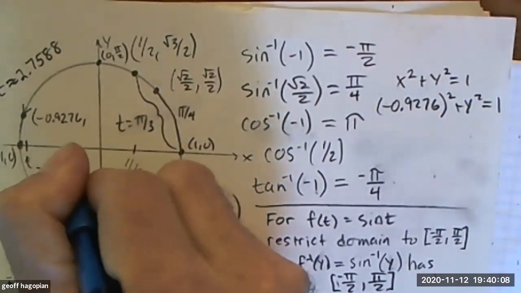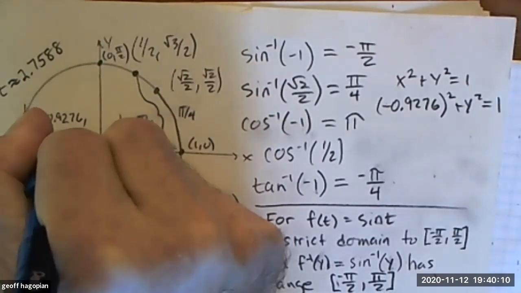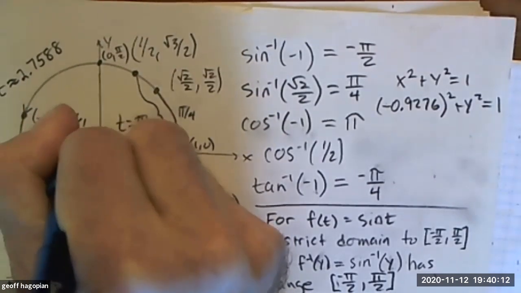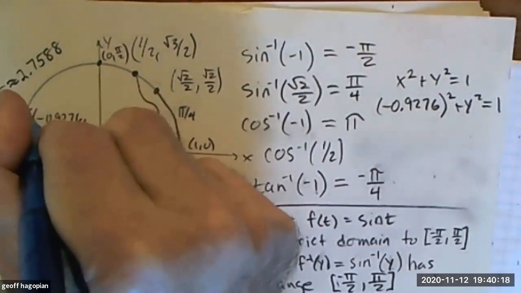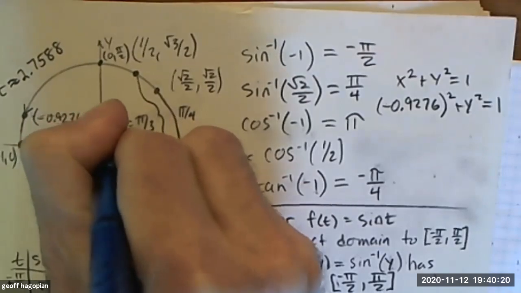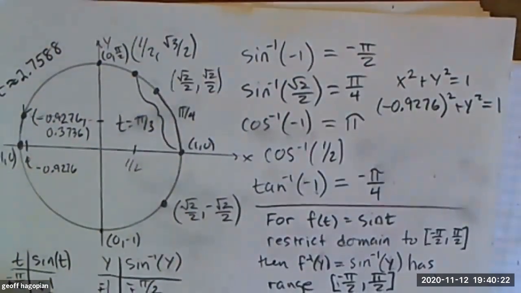So this is 0.3736. Does that seem like in the ballpark? I think so, right? If you were to follow this over, you'd get to here, which is like a third of the way up, in the neighborhood of a third of the way up to 1, right?